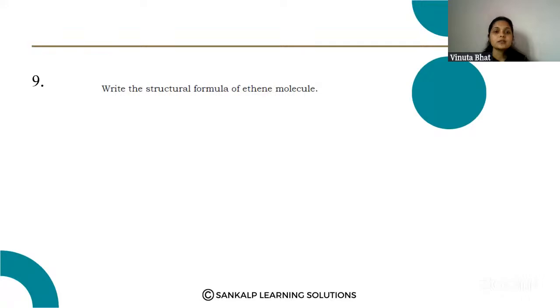Next question. Write the structural formula of ethene molecule. Ethane, ethene, ethyne, right? Ethene means having a double bond, ethane means a single bond, and ethyne means a triple bond.